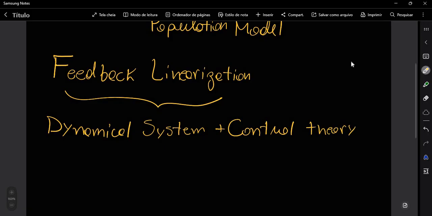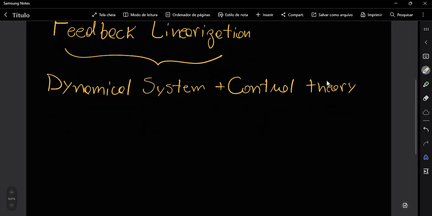Okay, I will not do the introduction of the context. It's about how to control the mosquito population, the dengue mosquito.